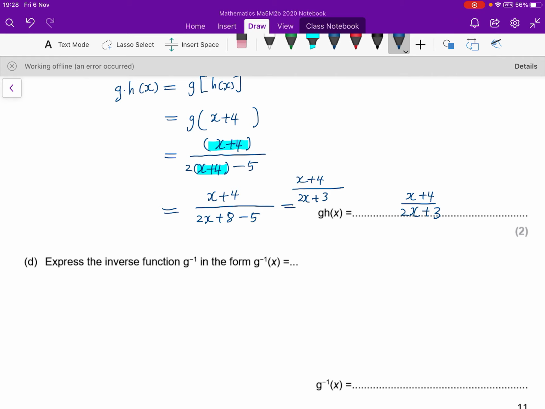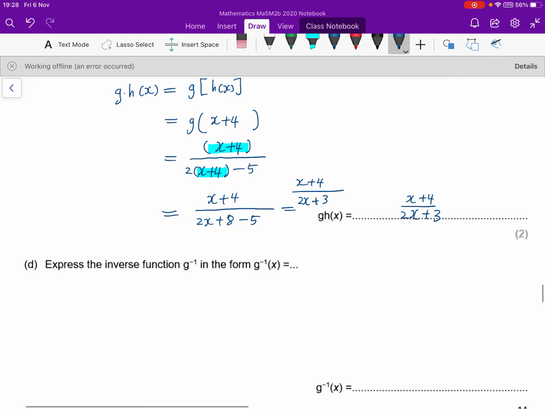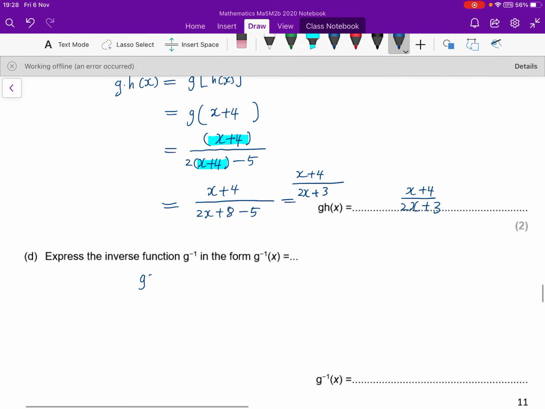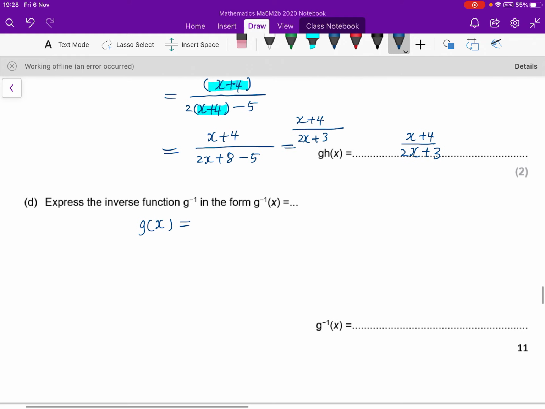There you have it. Part D. Find the inverse function of g(x). So we know g(x) is equals to, look at the definition again, x over 2x minus 5.